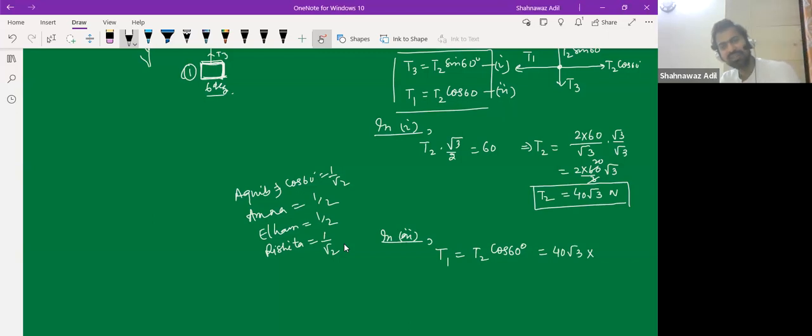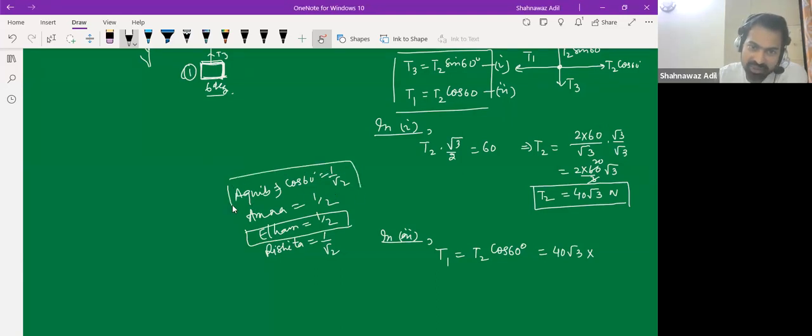Who is correct? Akib, do you want to change your answer? No, sir. Ilham is confidently saying 1 by 2, and Akib is also confident. So what should we do?